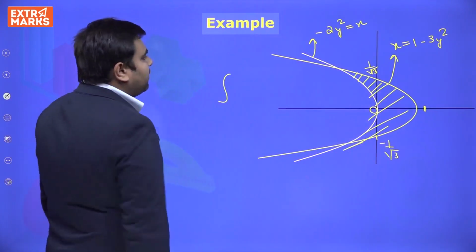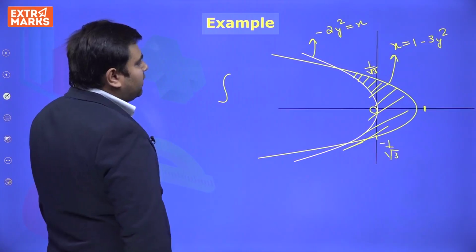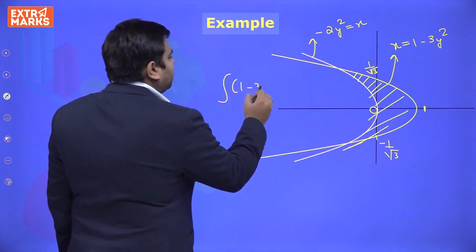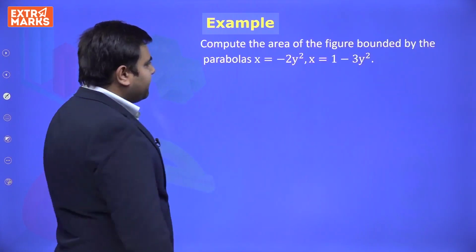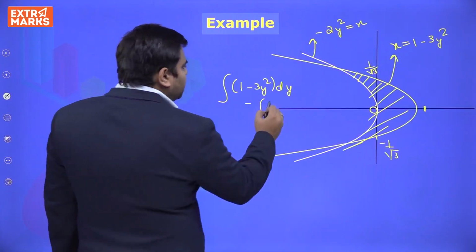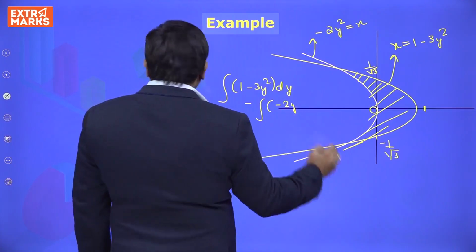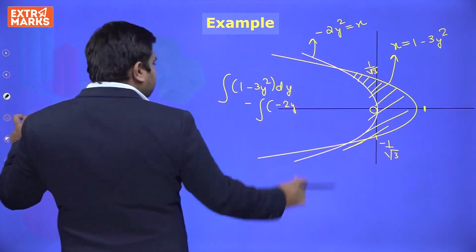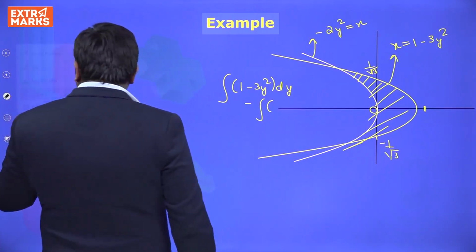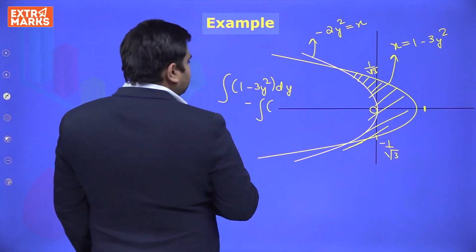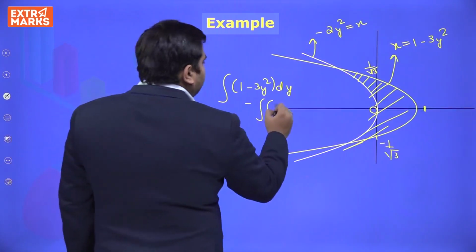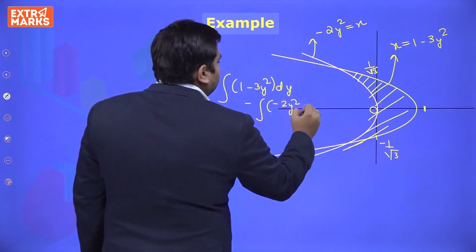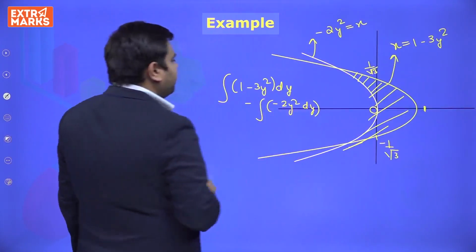So this area would come out to be what? This area would come out to be integral of 1 minus 3y square dy minus 2y square dy. So 1 minus 3y square dy minus 2y square dy, right?